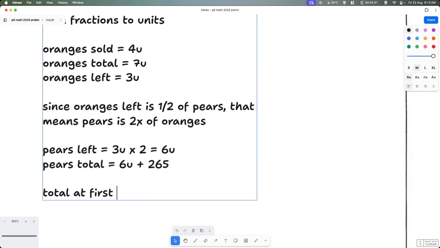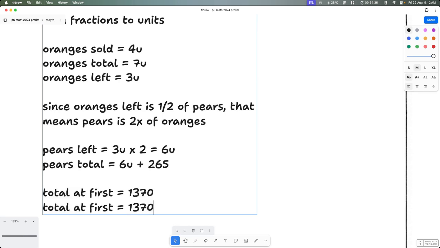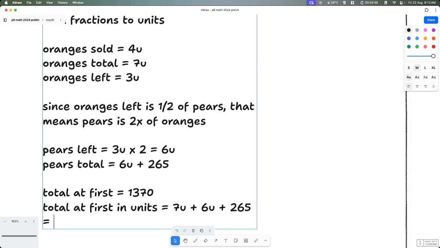Then total at first in units is equal to 7 units plus pears total as well, 6 units plus 265, which is equal to 13 units plus 265.